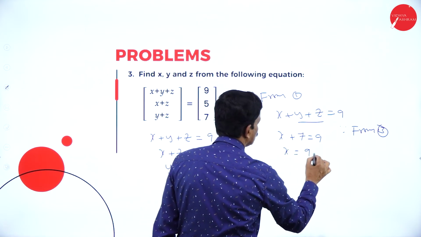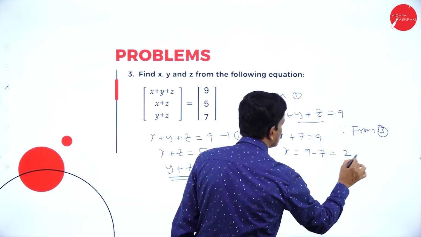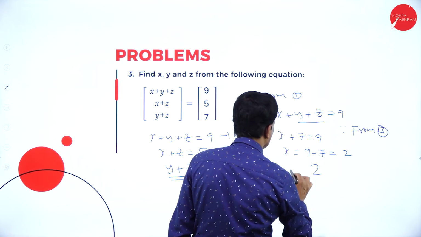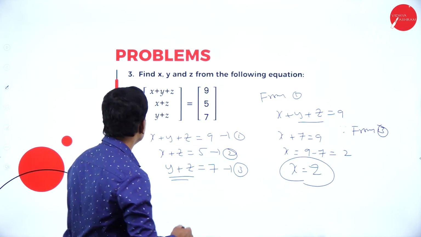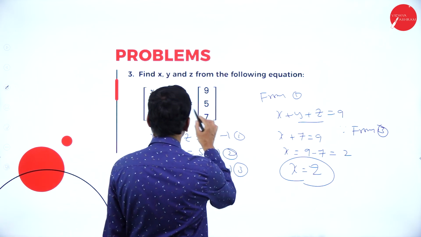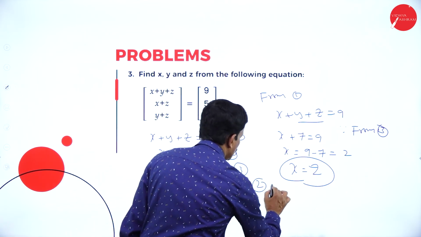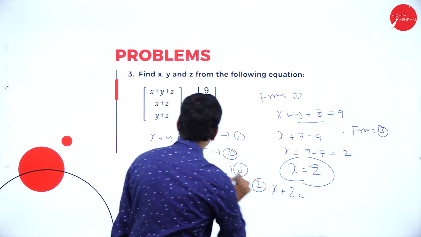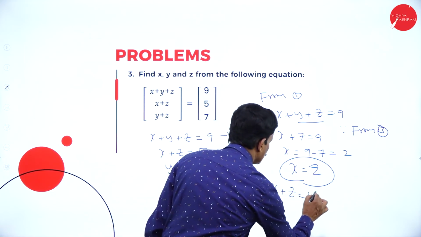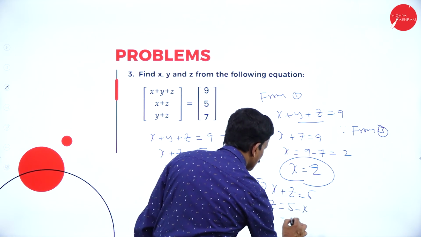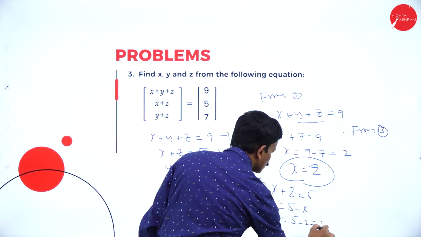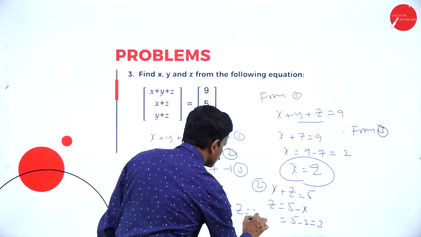Therefore, x is equal to 9 minus 7, which is 2. So, the value of x is equal to 2. Now, substitute this value in equation 2, x plus z is equal to 5. So, z is equal to 5 minus x, that is 5 minus 2 is equal to 3. z is equal to 3.